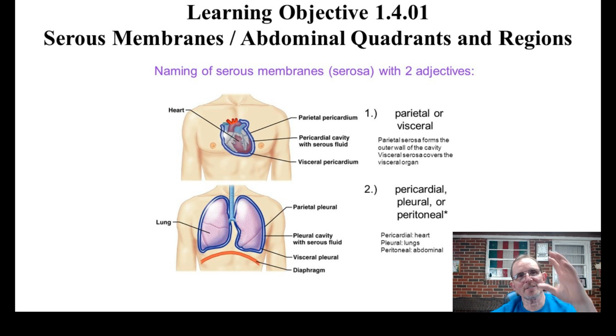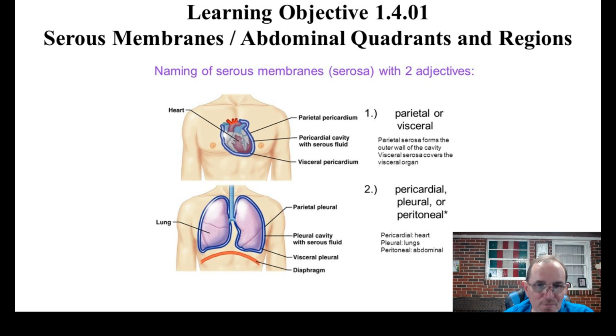So it's like if you had a balloon and you stuck your fist into it, you would have two areas because there would be some area of separation between the part of the balloon that's attached to your hand and the part that surrounds it. To me, that's the easiest way to understand that. It's just one membrane, but it surrounds both the organ and the cavity.